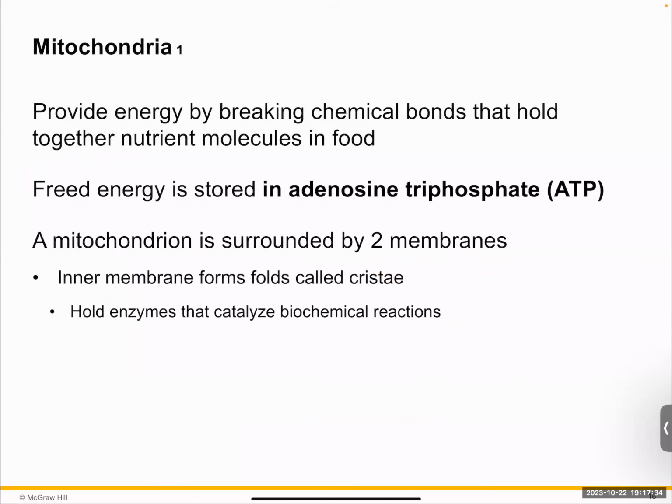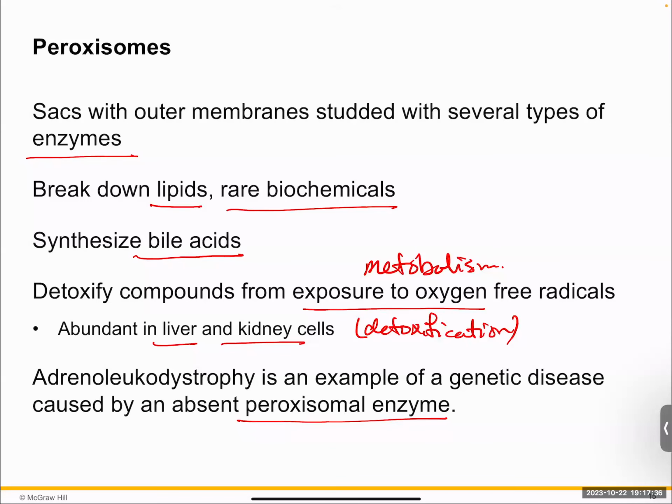Now, I do want to add a quick note about the peroxisome, which is not here. Peroxisome has an enzyme called catalase. Catalase is an extremely important enzyme in terms of our survival. We produce something called H2O2, which stands for hydrogen peroxide.